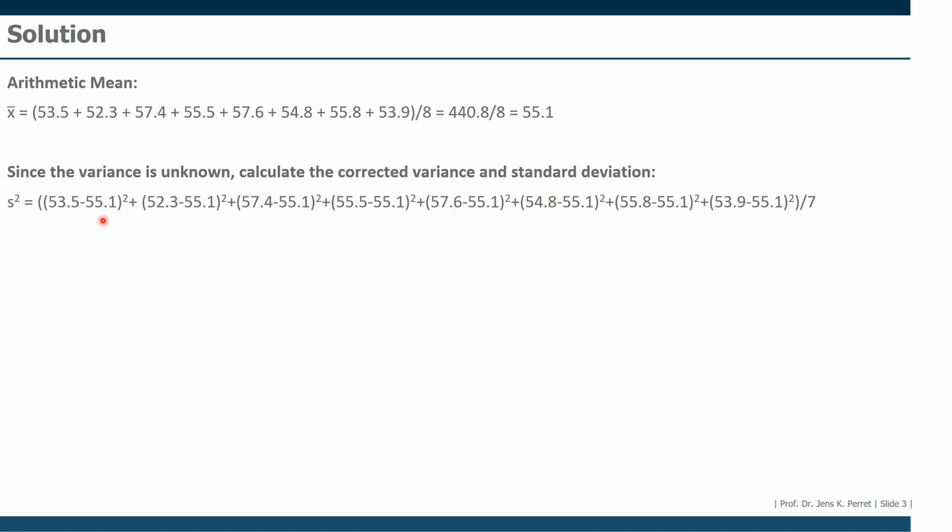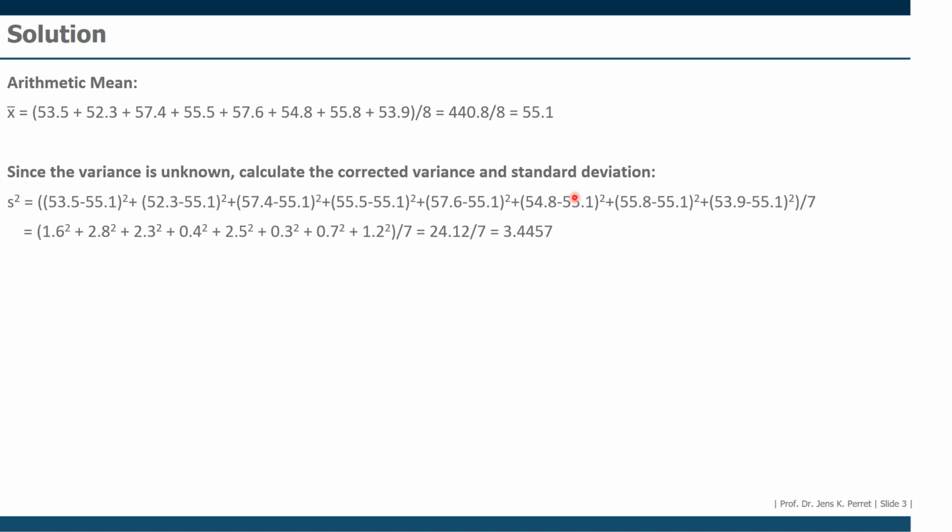Finally, when we have all these expressions in the brackets, we sum all of this up. And the sum is then divided by the number of observations minus 1. Here we have 8 observations, so we're going to divide this by 7. Putting this into a calculator yields as a result 3.4457.